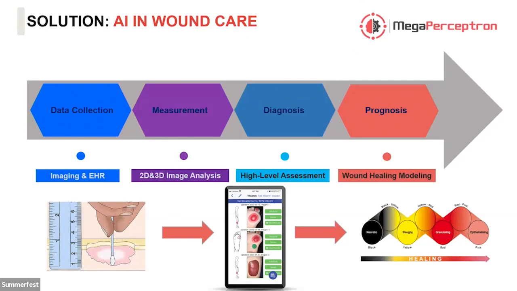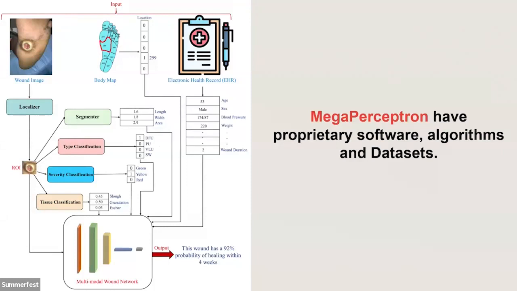At the same time, there is no prognostic tool that exists at this point in time, which basically says that if you do A, B, and C, the wound will be healing in X amount of time. So we are using data analytics to derive some of the prognostic measures in the context of healing trajectory as well. Our strength comes from our proprietary software, algorithms, as well as data sets.